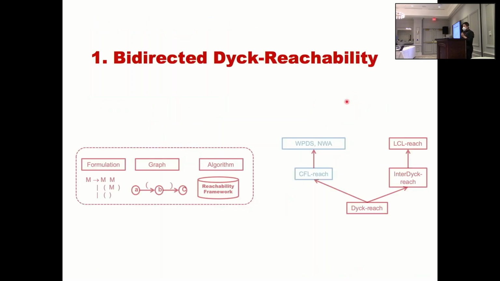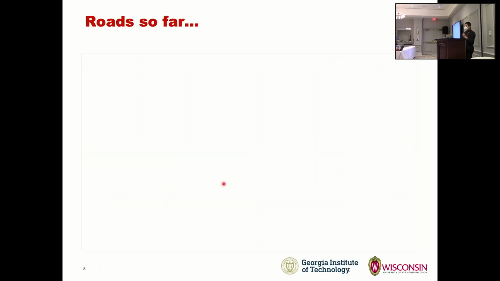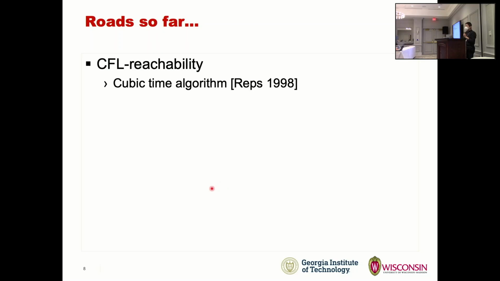Okay, so let's get started. The first topic is Dyck-reachability. And as I mentioned, we will be focusing on describing a faster algorithm for solving the Dyck-reachability problem instance. Before that, let's review what has already been covered in the first half. We already know the CFL-reachability framework, and we know that CFL-reachability admits a cubic time algorithm for solving the all-pairs reachability information.